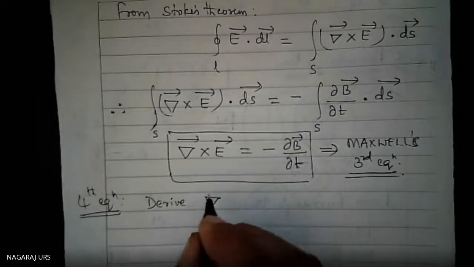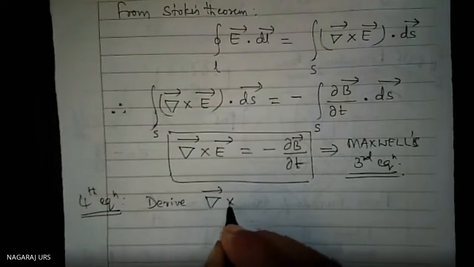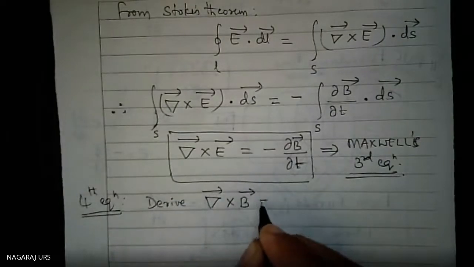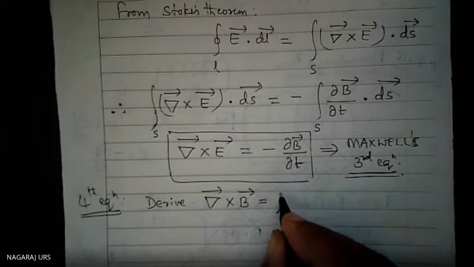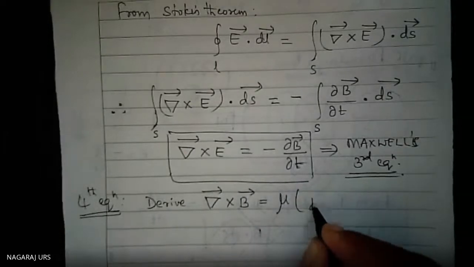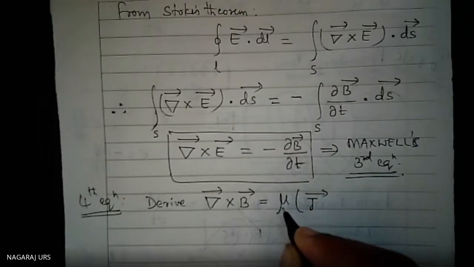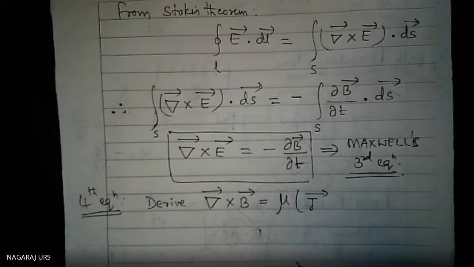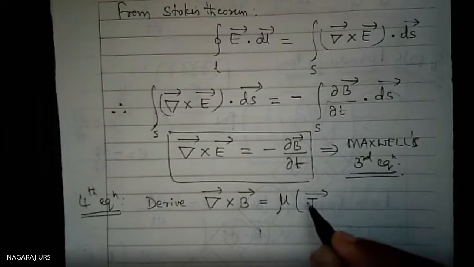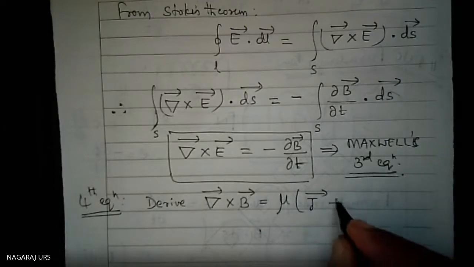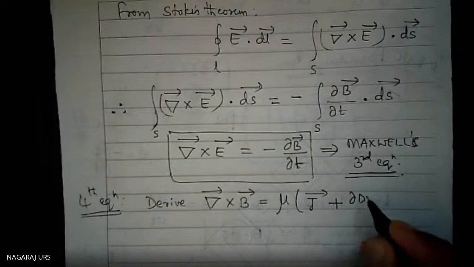Here J is the current density, mu is the permeability, mu equals mu naught into mu r, where mu naught is the absolute permeability and mu r is the relative permeability.